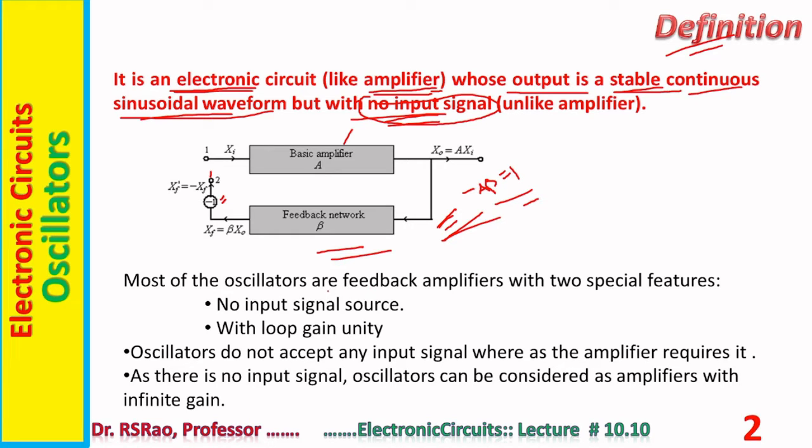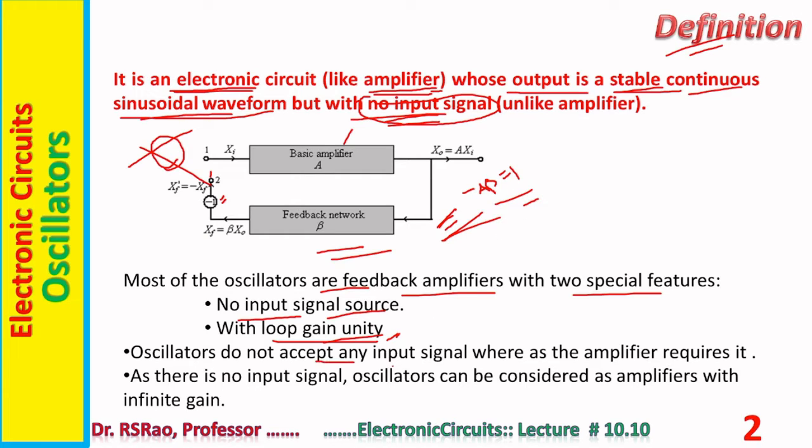Some more points. Most of the oscillators are feedback amplifiers with two special features. No input signal source. Here you can see there is no source. And with the loop gain unity, as already mentioned, minus beta A should be set to unity, 1.